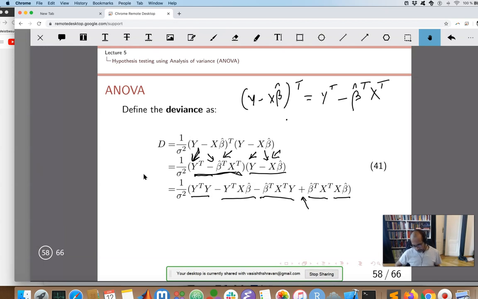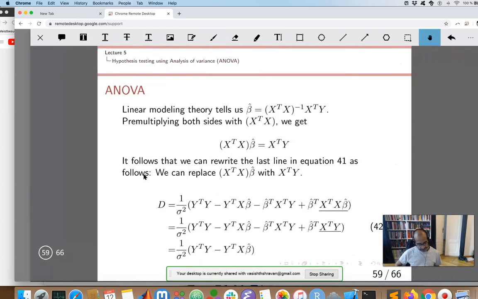So now we end up with expanding these terms, and now we're going to simplify them. One thing that we know from linear modeling theory, which I just showed you in part 1, is that beta hat is this term here. We derived this earlier. Now if I pre-multiply both sides with x transpose x, I'm going to wipe out this term.